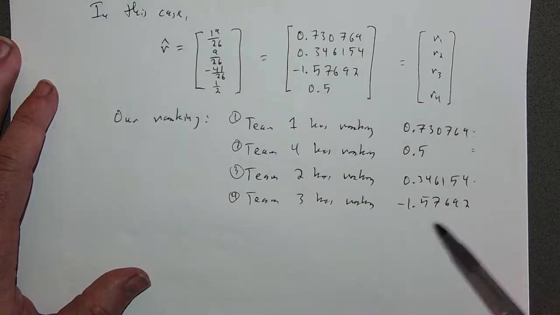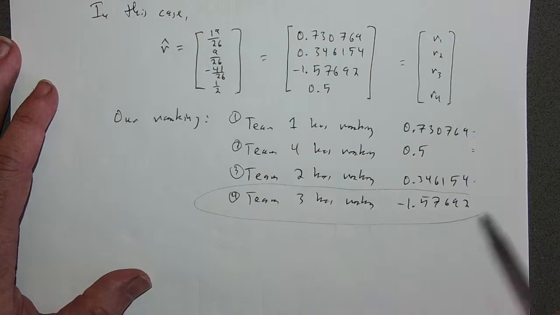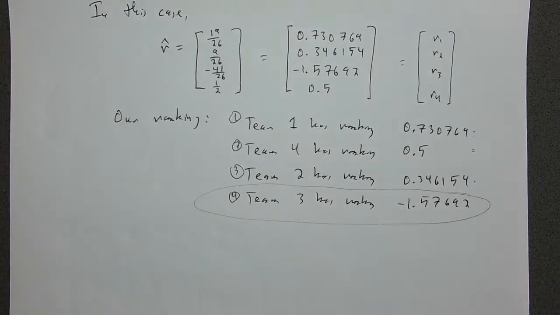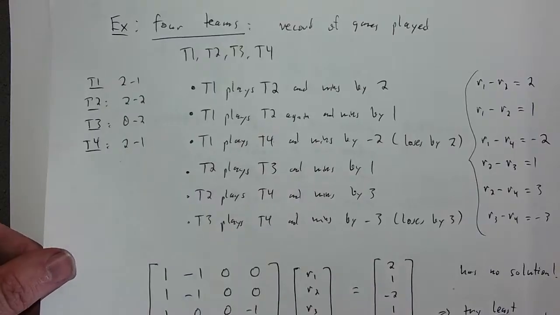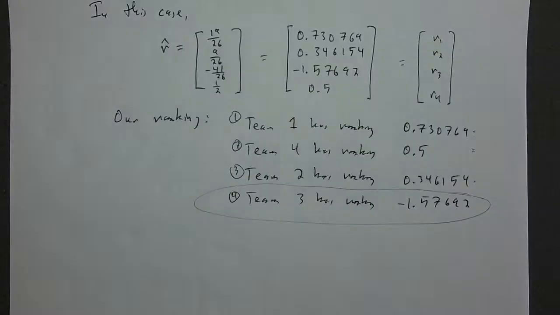Team 3 is significantly further down, and that kind of makes sense because Team 3 had 0 wins, right? They lost the only 2 games they played. So in terms of whether or not this ranking makes sense, it seems like at least that it's not too far off what is actually going on.